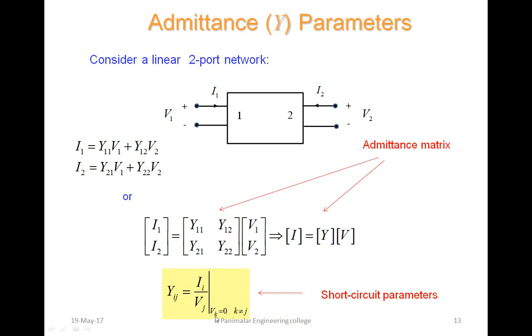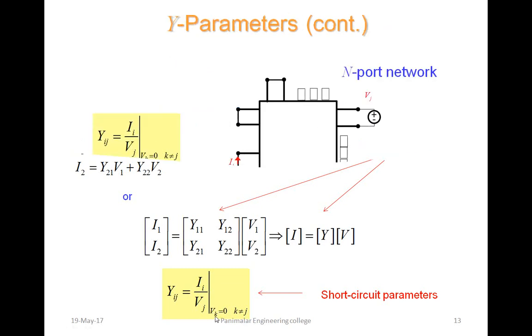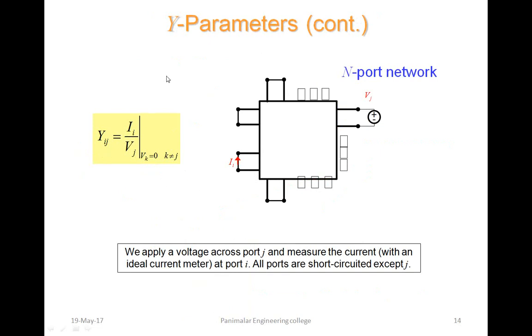In that port, voltage is going to be 0. And the same thing can be extended for an n-port network by taking up to n number of ports. So whatever the analysis, the respective port has to be short circuited.